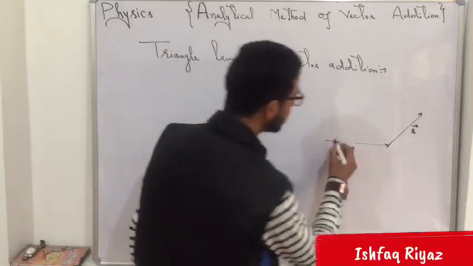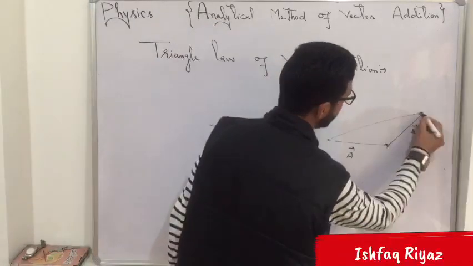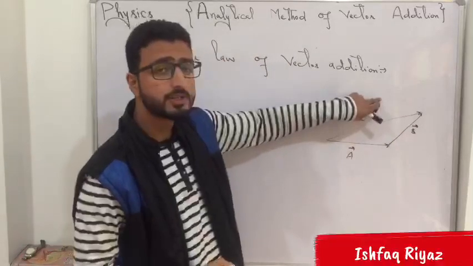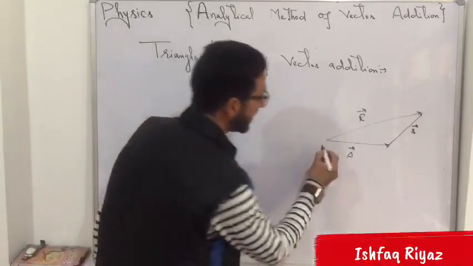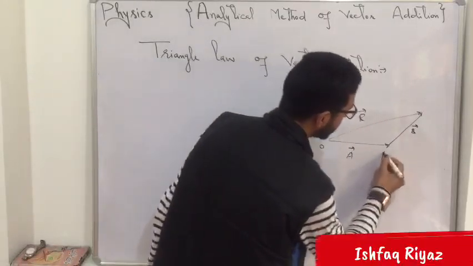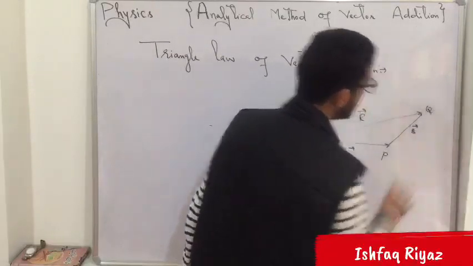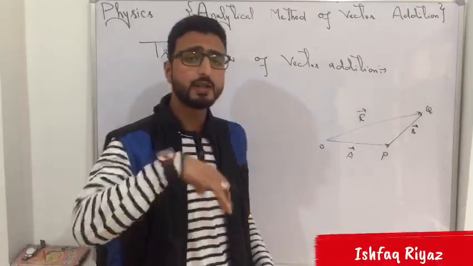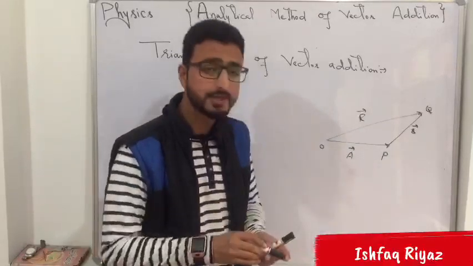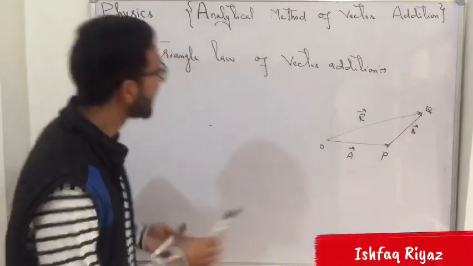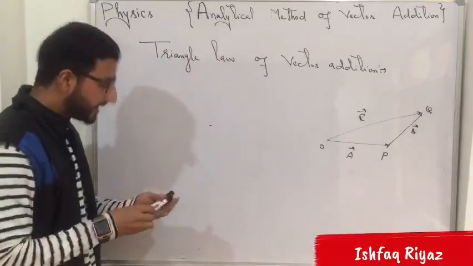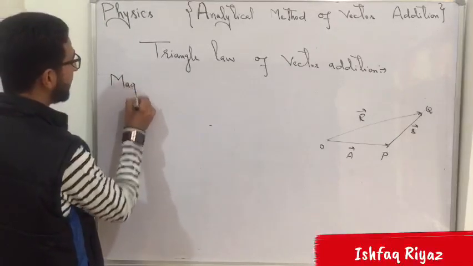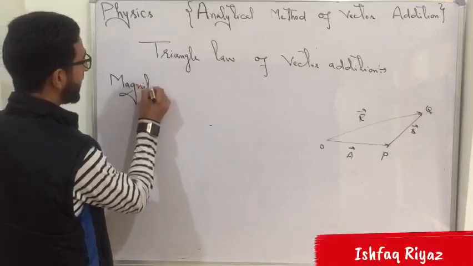Now, as per the triangle law, this vector represents the resultant vector R, the closing side of the triangle. Let me name this point O, this point P, and this point Q. So, as per the triangle law, OQ will give the magnitude and direction of the resultant vector R. By mathematical analysis, let's calculate the magnitude of the resultant vector R.